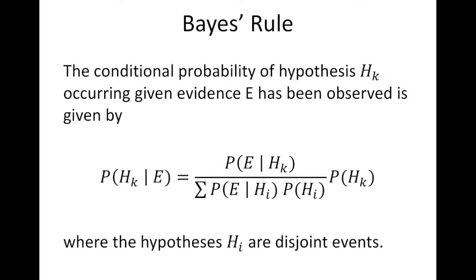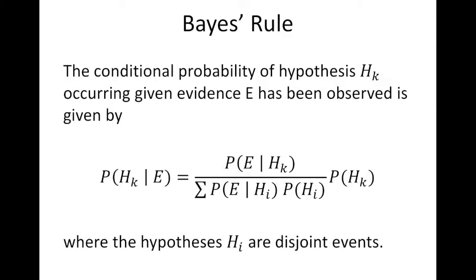And you have to sum that up over all the possible hypotheses in this problem. A requirement for those hypotheses is that they're disjoint events, so there's no overlap, and also that they're exhaustive. That means that every possible outcome of the random experiment is contained in at least one of these hypotheses. There's not some outcome that's not associated with one of these hypotheses.